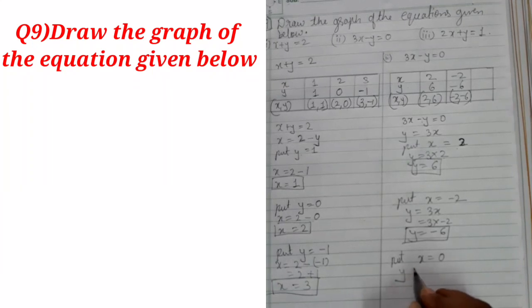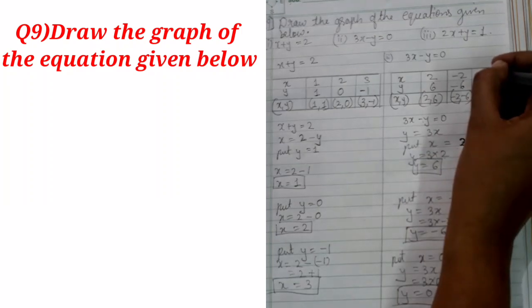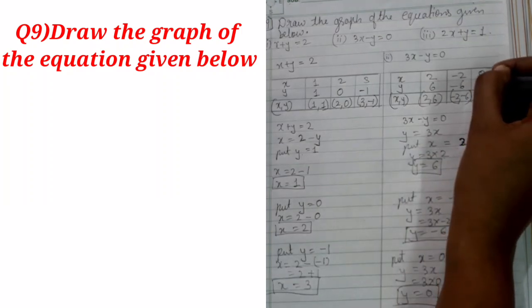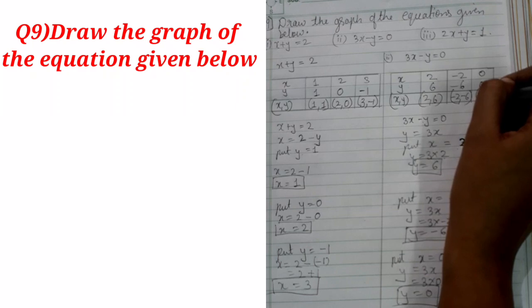Our equation was y equal to 3x. So 3 multiplied by 0, 3 times 0 is 0. So y will also come 0. If x is 0, y is also 0. So the x coordinate is 0, the y coordinate is also 0. When both coordinates are 0, we say origin.